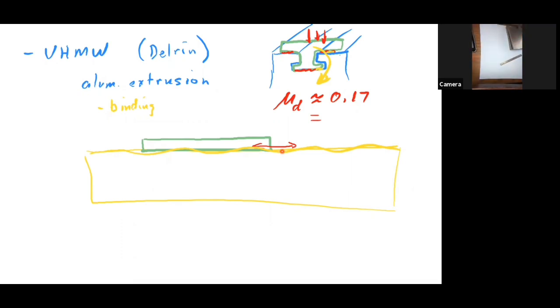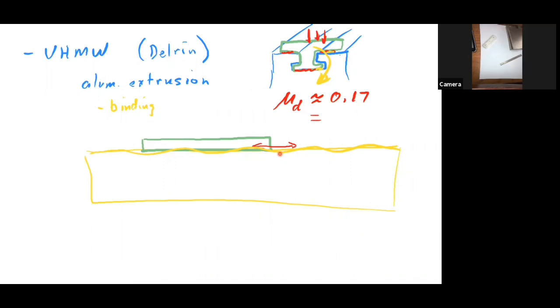So these were useful, but the trouble with this undulating surface is that if you want to avoid binding, you have to have parts of it where you have play.